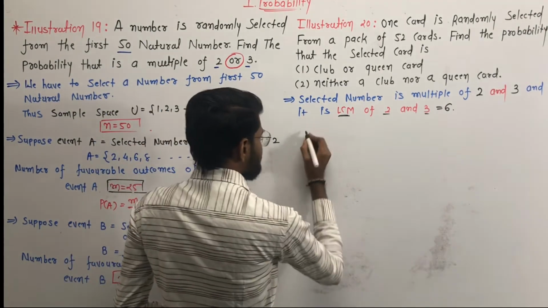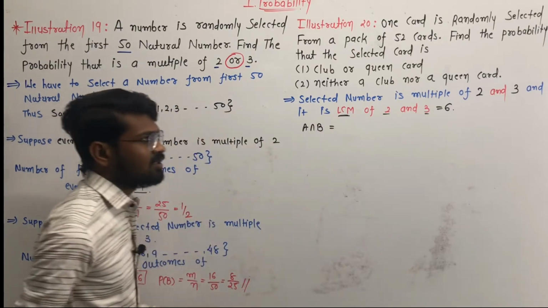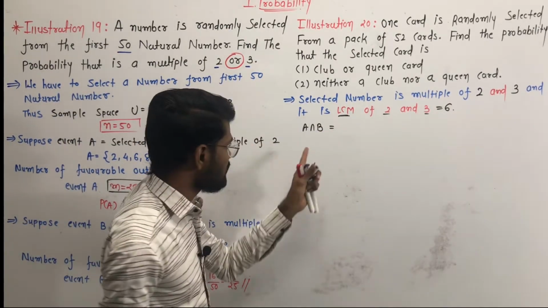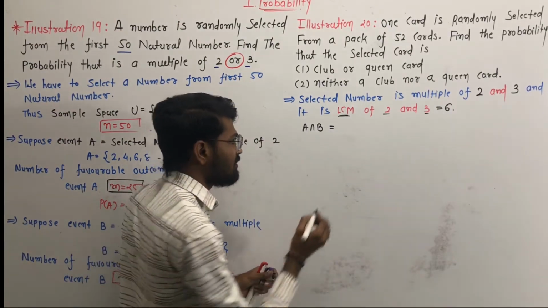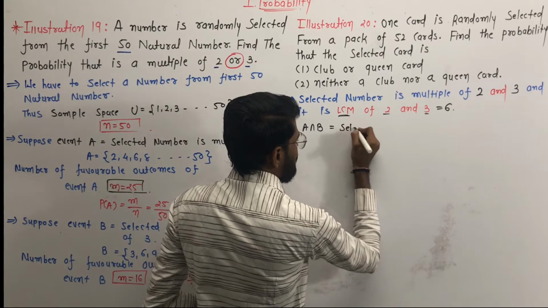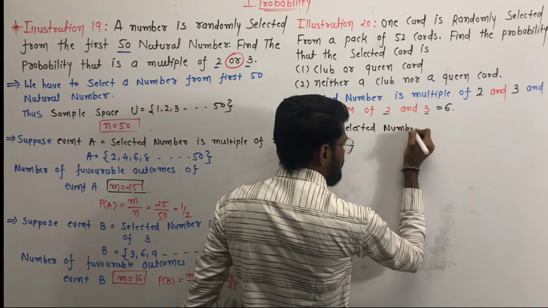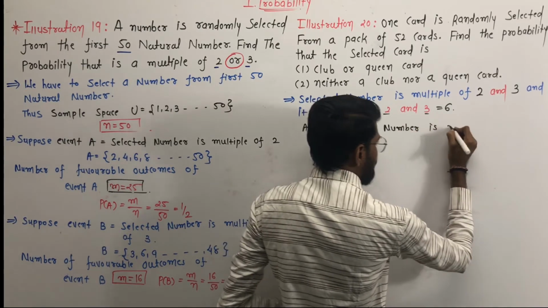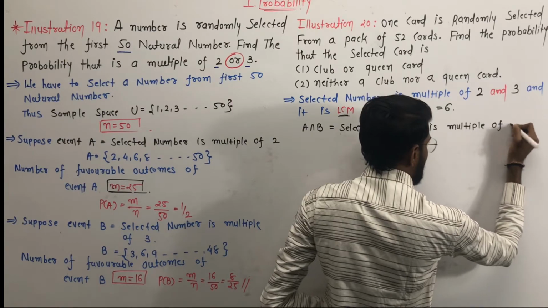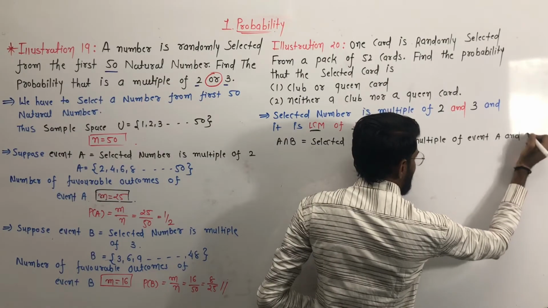Yes, so that event is the intersection of event A and B. Yes, here multiple of 2 and 3, and means the intersection. So that intersection of event A and B is equal to selected number is multiple of event A and B. Clear?